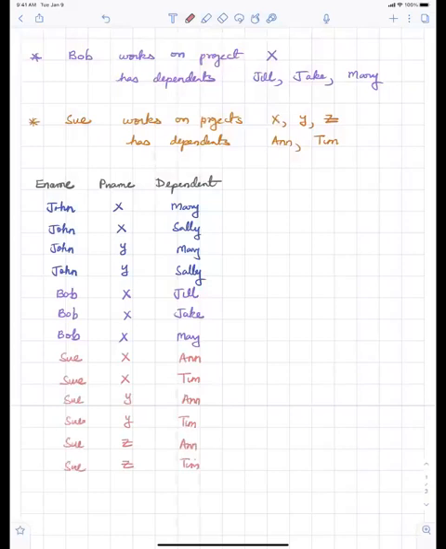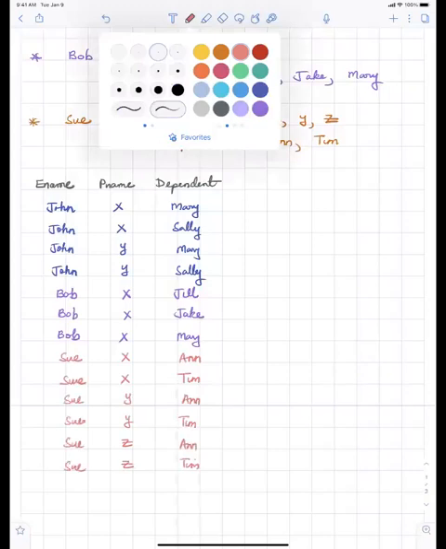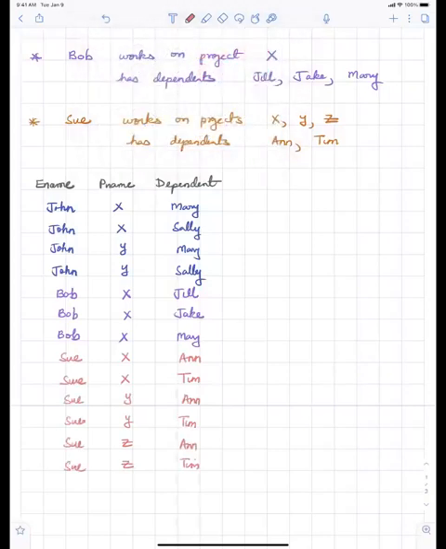So that's because if you look out here, we have John. So let's look at John, for example. For the one value of John, we have two values of project name. So we have both X and we have Y. And similarly, for one value of John, you have two values of dependents.